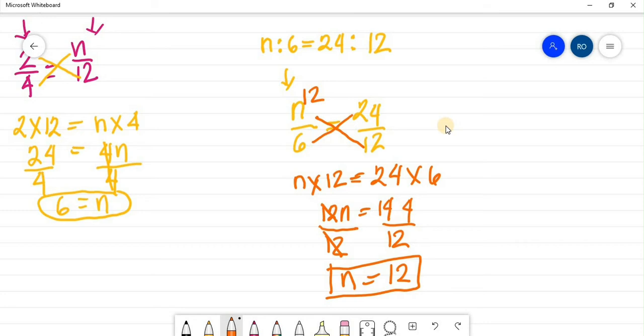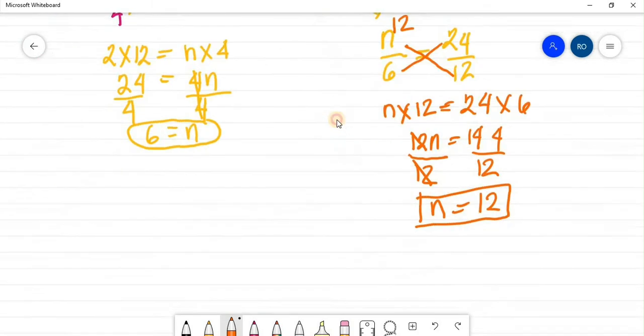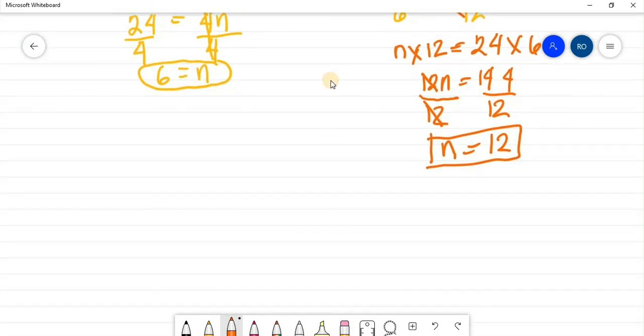Let's take another example. Let's say 10n is equal to 25 to 50.